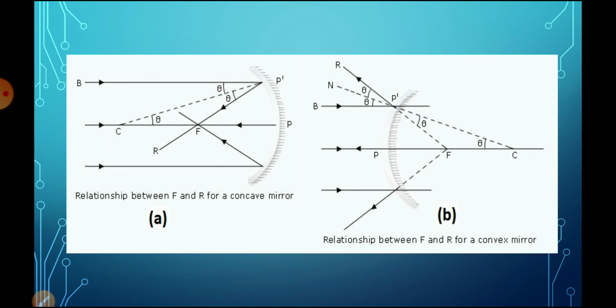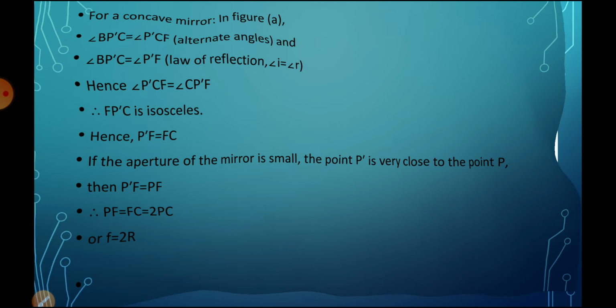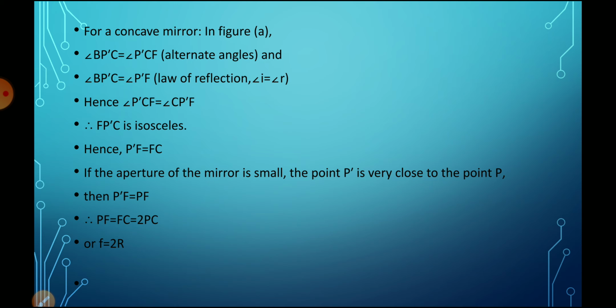Angle BP'C is equal to angle P'CF, alternate angles, and angle BP'C is equal to angle CP'F, law of reflection, angle I is equal to angle R. Hence, angle P'CF is equal to angle CP'F. Therefore, FP'C is an isosceles triangle. Hence, P'F is equal to FC.